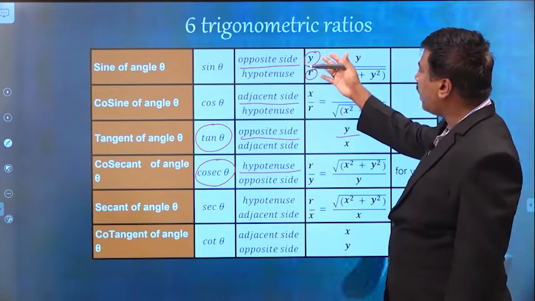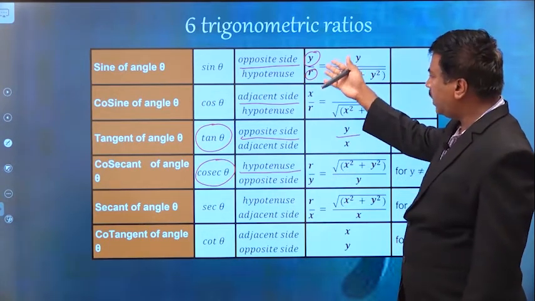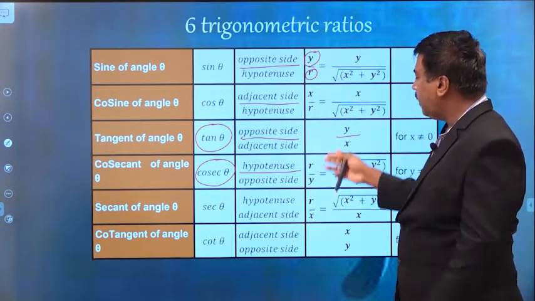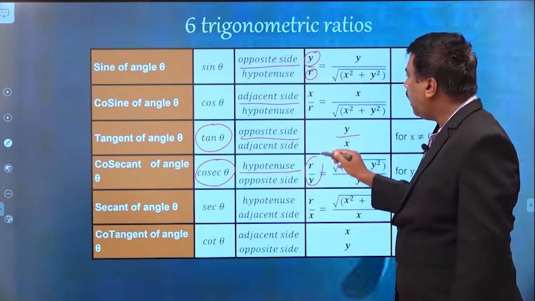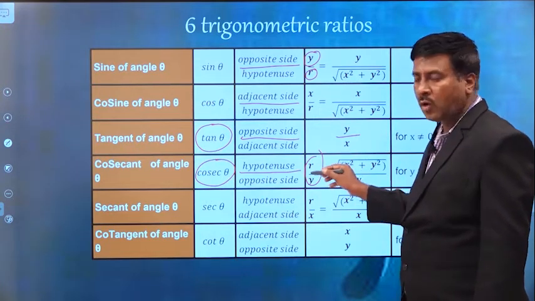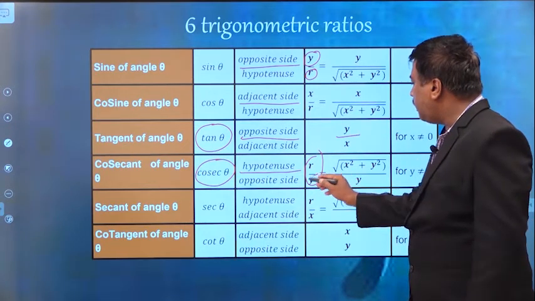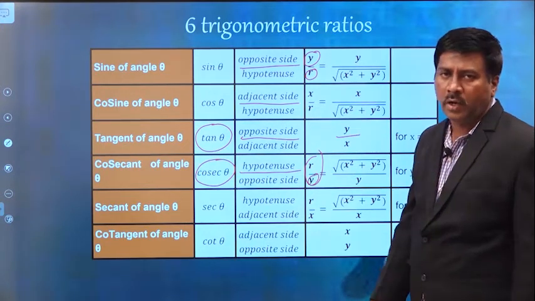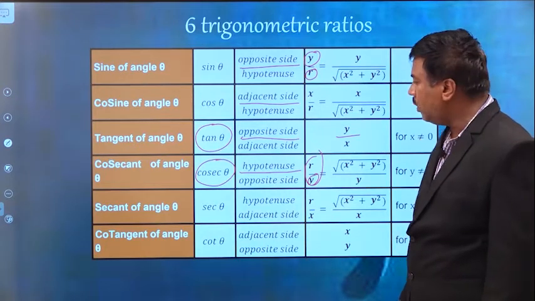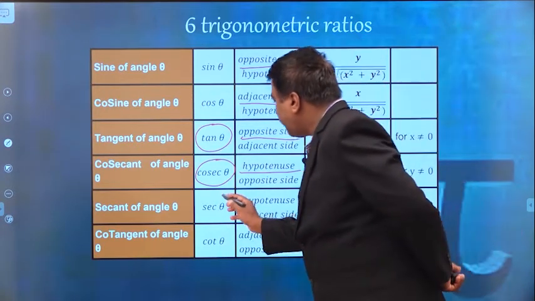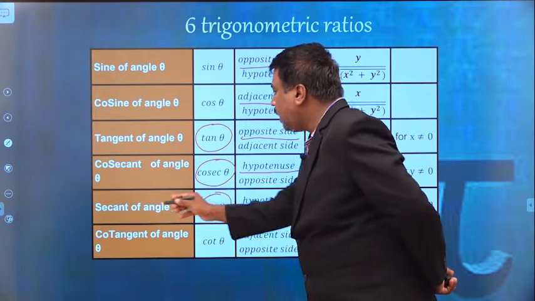Since sine is y by r, the reciprocal is r by y. The condition here is that y must not be equal to 0, because the denominator must not be 0.